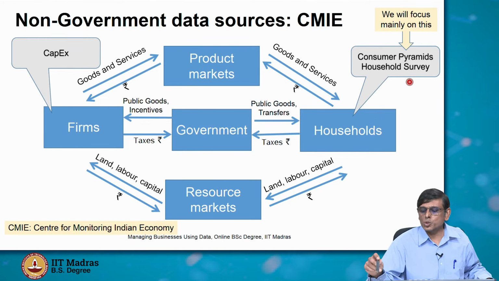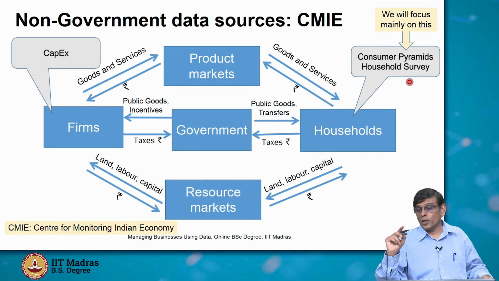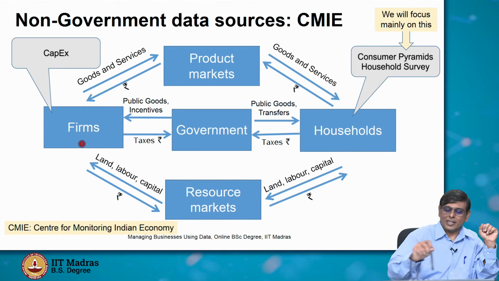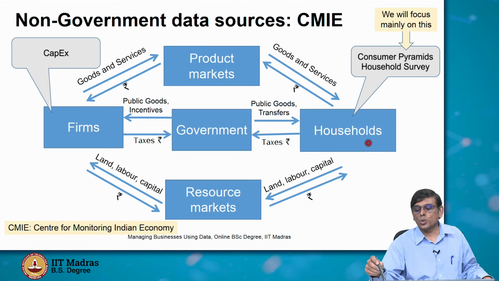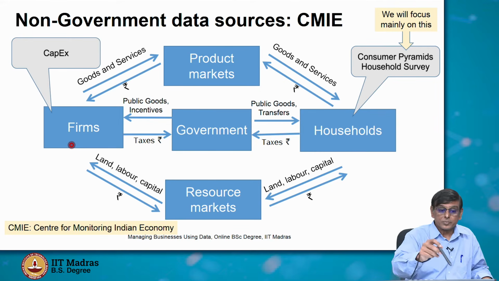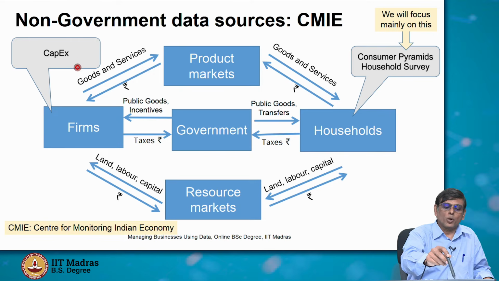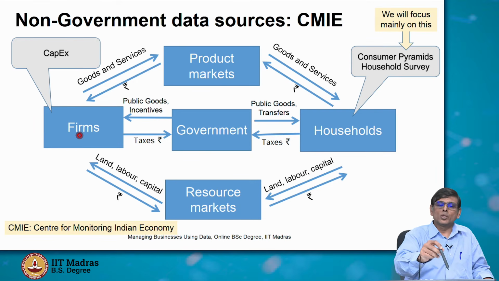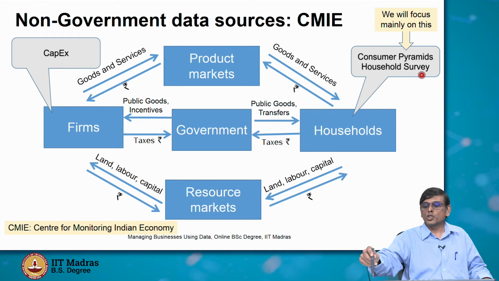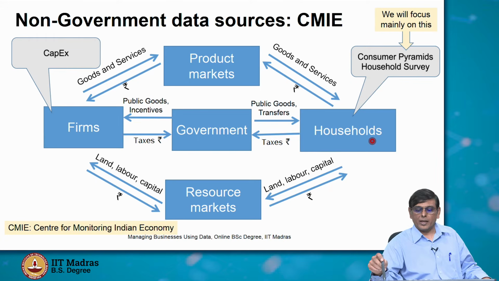So CMIE produces two kinds of data. As we saw in economics earlier, you either look at this side or you look at this side, right? This side basically is households and their consumption, this side is about firms and their investments. So the CapEx report of CMIE tells you which sectors firms are investing in, whereas the Consumer Pyramids household survey of CMIE tells you what households are buying or intend to buy.